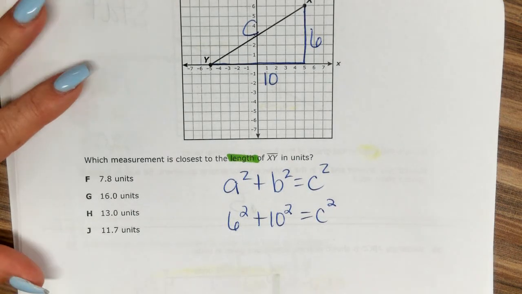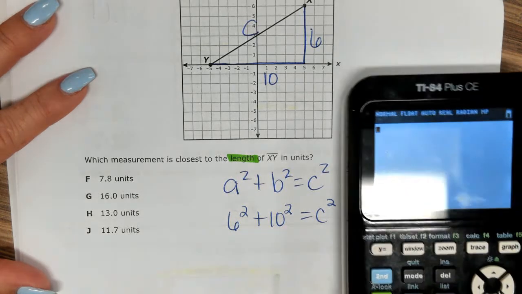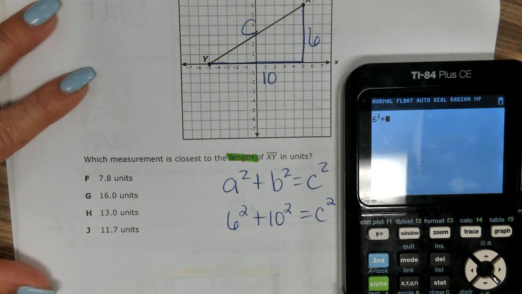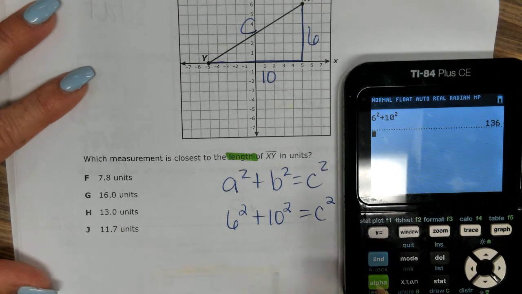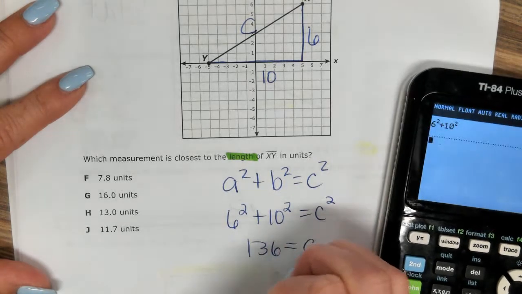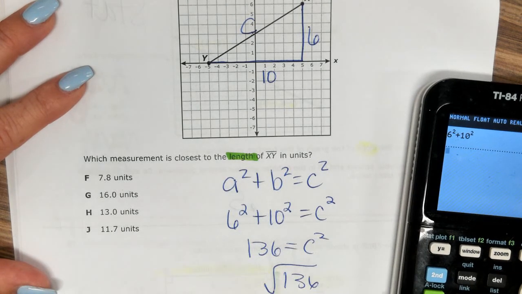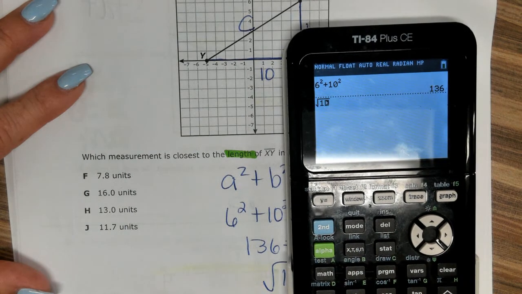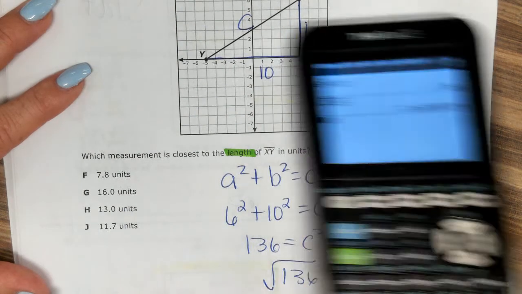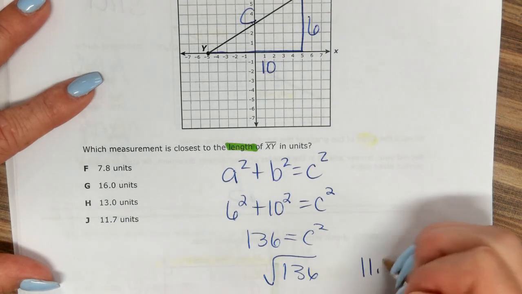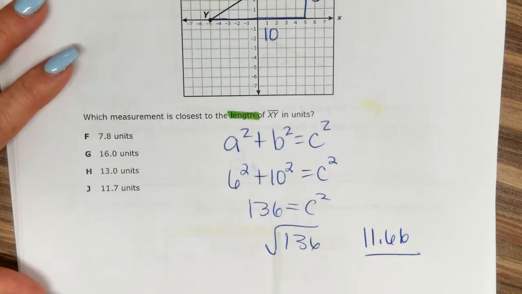Do I add or do I subtract? Add. 6 squared plus 10 squared is 136. And what do I have to do to that answer? Square root it. 11.66. So which answer is closest?